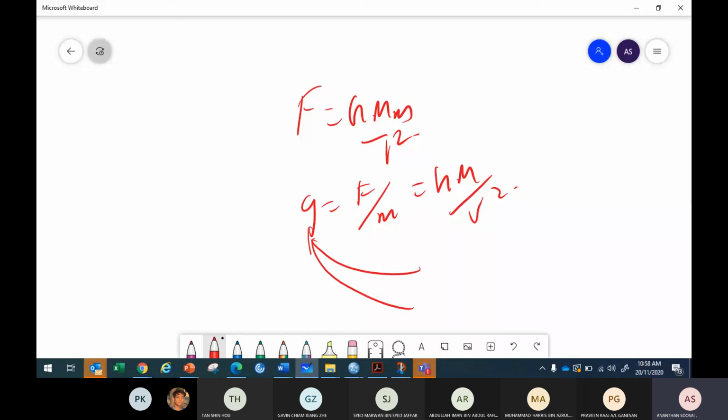Gravity is affected by 3 factors: latitude, altitude, and rotation. These are the things you learned. Any questions? Okay, try to revise this. On Monday we will continue. Any questions, guys?